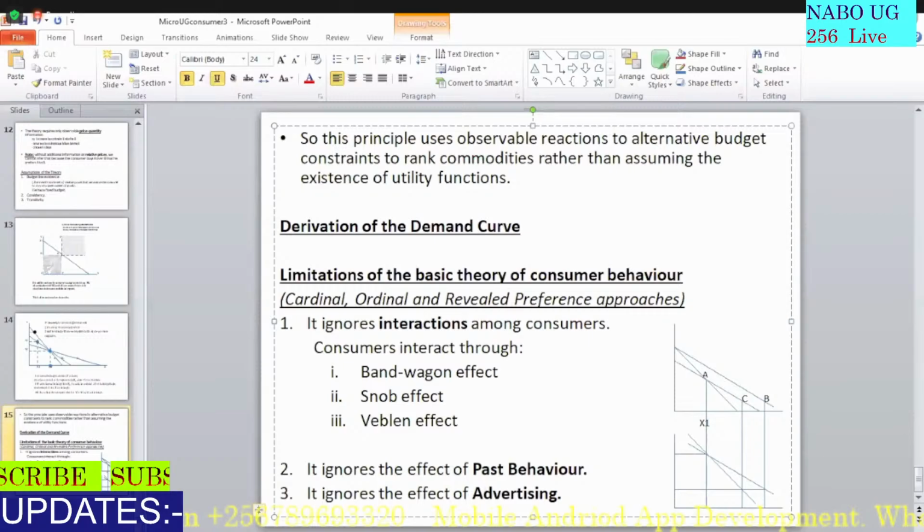On this axis, you have price and quantity. When the price falls, the budget line rotates outwards. The individual moves to point B, consuming additional amounts of X at B. So you record that in the down diagram.